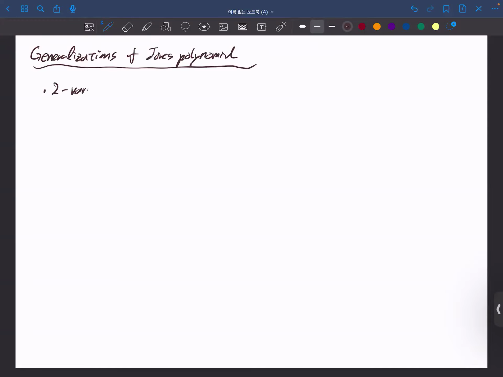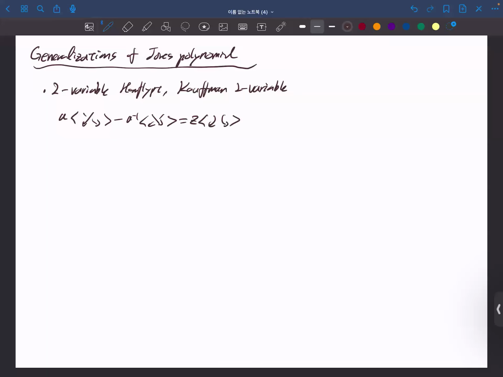One family is the two-variable HOMFLY-PT polynomial and the Kauffman two-variable polynomial. In this case, they are defined by using different relations. For the HOMFLY-PT polynomial, sorry, I do not remember the exact formula.